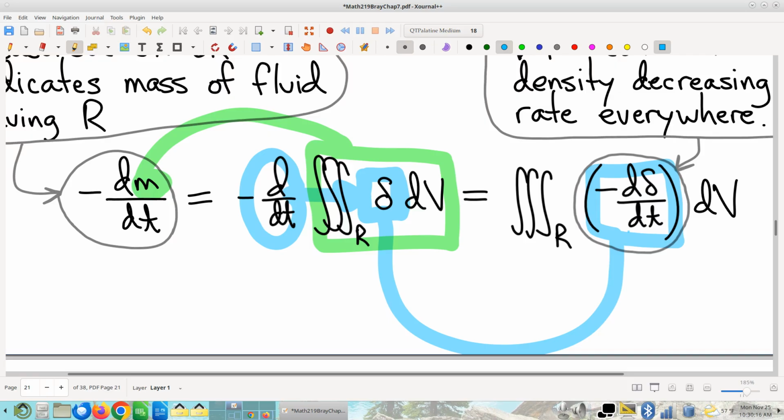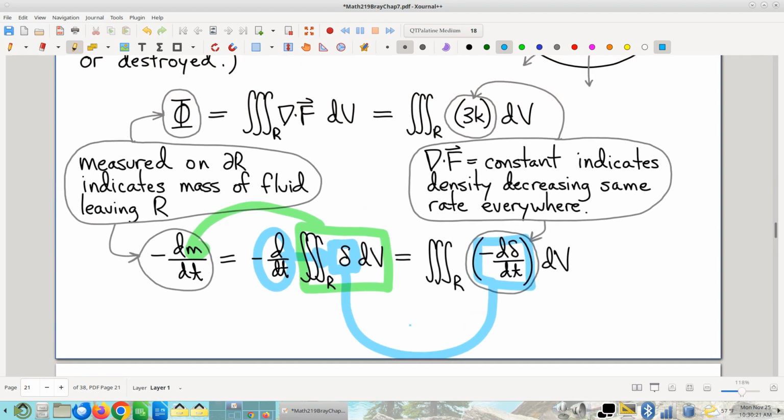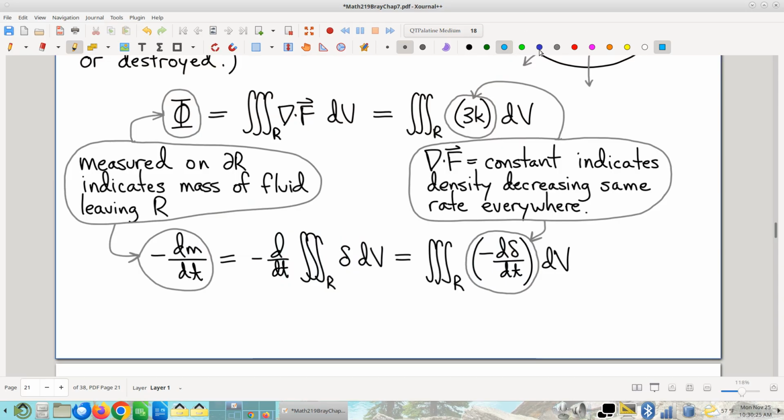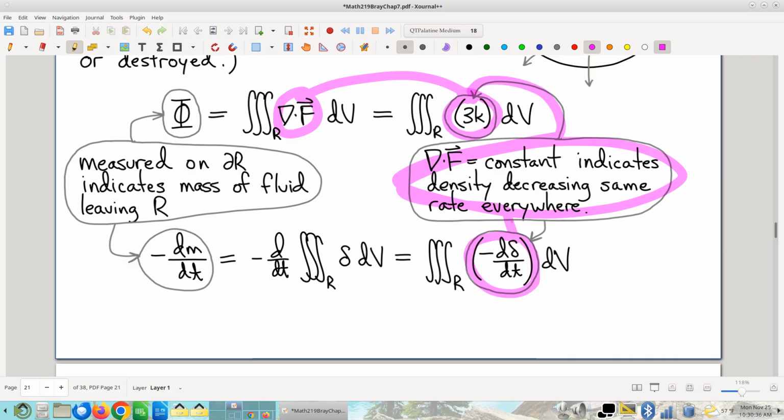And nice punchline then is that we get ourselves an interpretation of what the divergence means. This divergence that I computed as 3K, right? What that is, as I've indicated here, it's telling you how fast the density is decreasing at any given point.